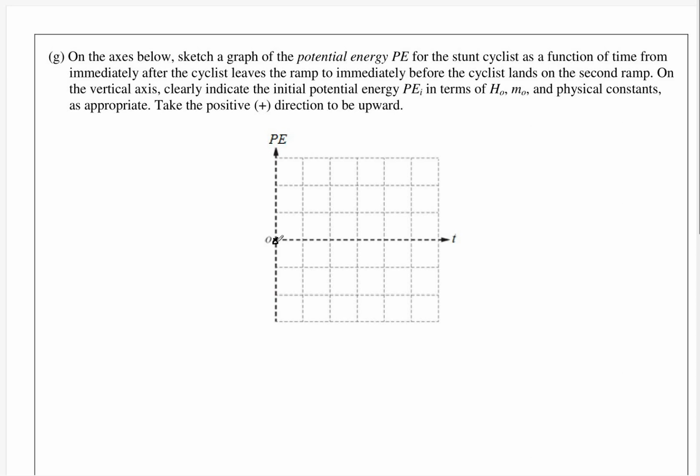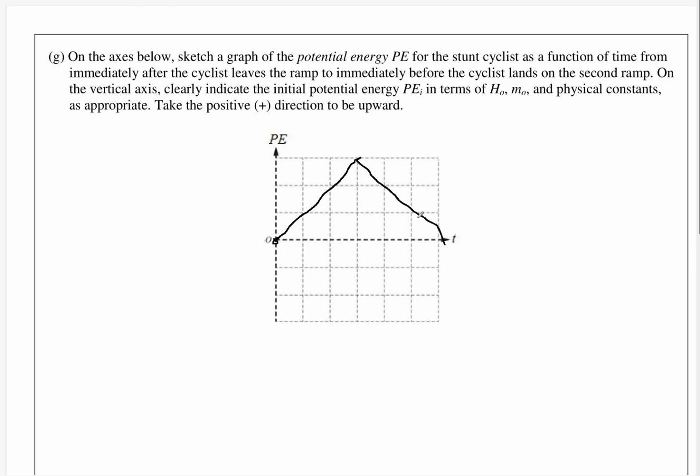And we know that when something gains height, it gains potential energy. So it gains potential energy until it reaches its peak. But then it falls down again, so it loses height. So we know when it loses height, it loses potential energy. So it moves down until it finally hits the ramp.